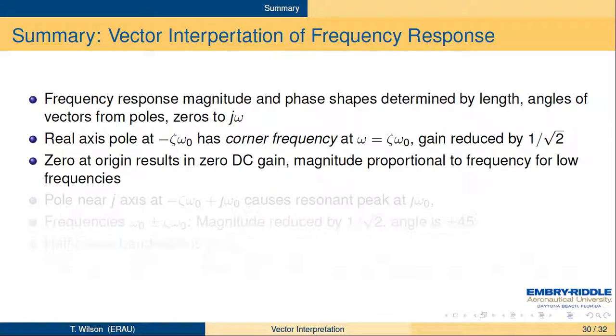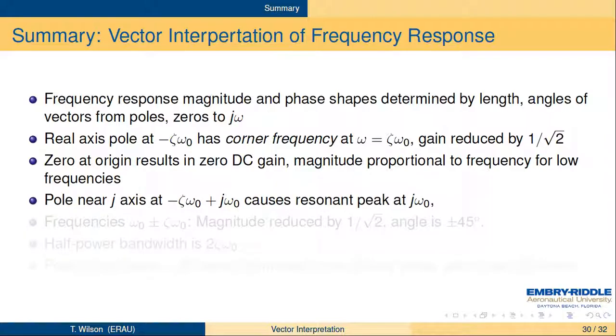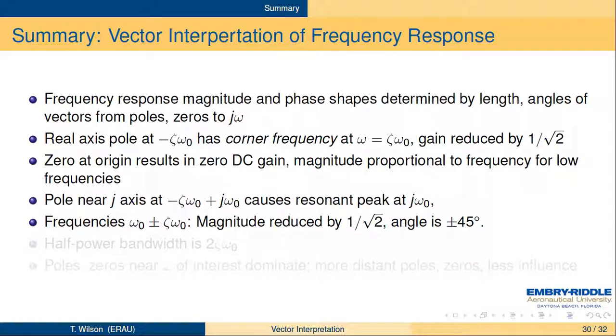When you have a 0 at the origin, then for omega equals 0, you get no DC gain, because a 0 says you can't have any gain at that frequency. The magnitude is proportional to the frequency for low frequencies. When you get near the j-axis at minus zeta omega naught plus j omega naught, you get the resonant peak at omega equals omega naught.